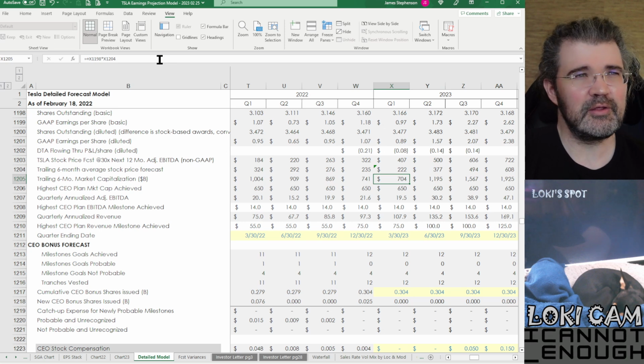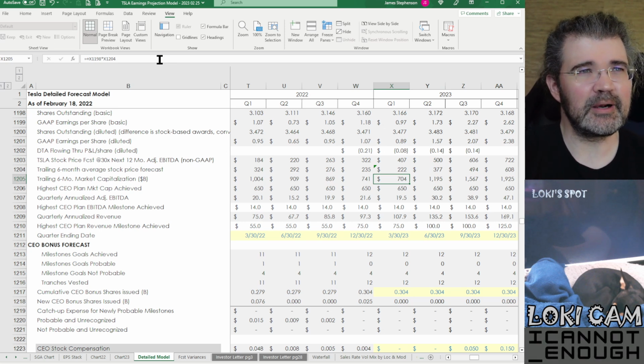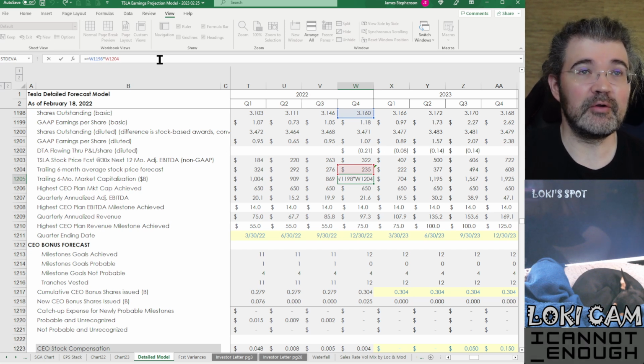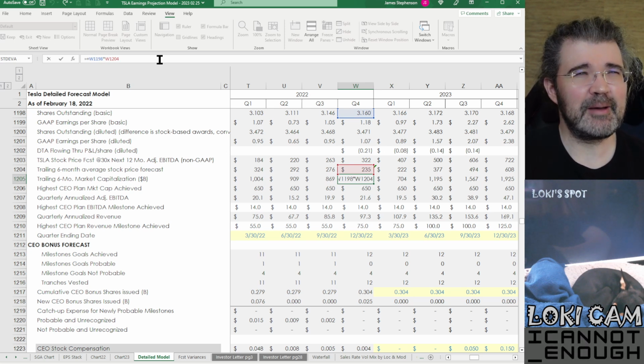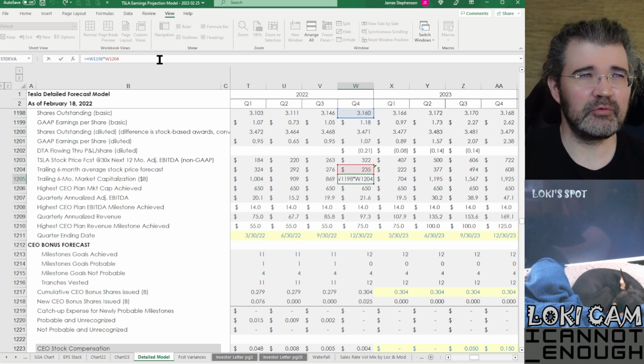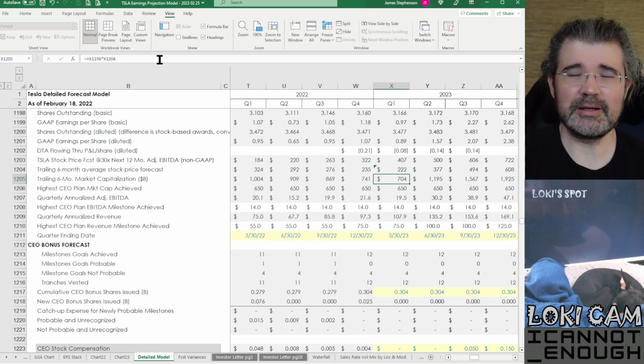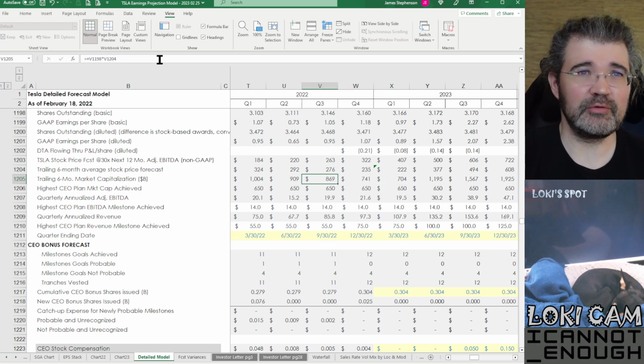Next row is a trailing 6-month market capitalization in billions. What's this doing? It's just taking the number on the row above, multiplying that by whatever I'm forecasting for the shares outstanding basic, which is what you get in your market capitalization. The diluted shares aren't all out, so they're not all part of the market capitalization forecast.